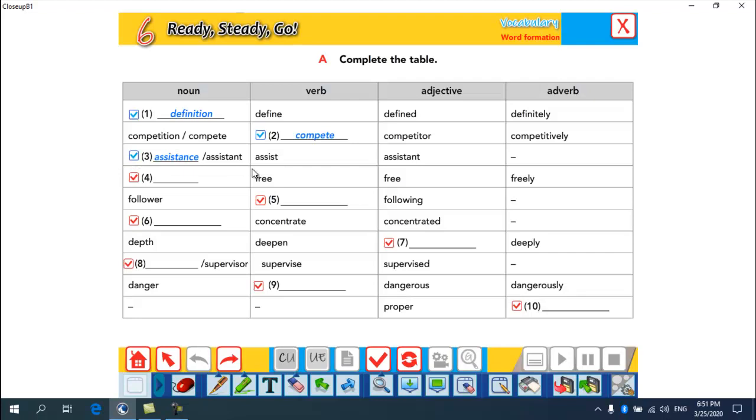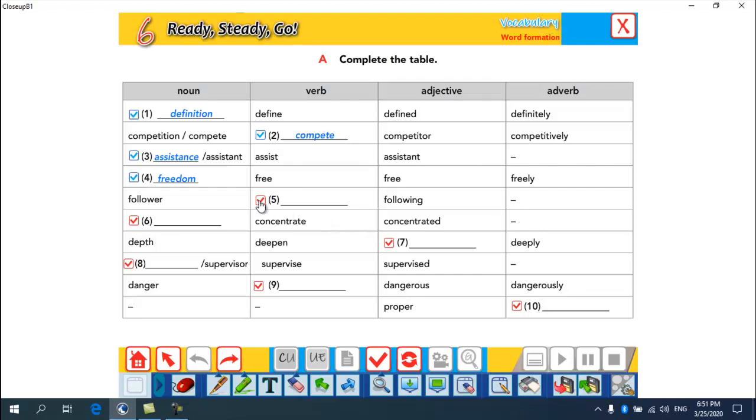Four, we have free as a verb, free as an adjective, freely as an adverb. What do you guess the noun from free is? Yeah, freedom. The fifth one, follower as a noun, and following is an adjective, and we don't have an adverb for this word. So what do you guess the verb is?